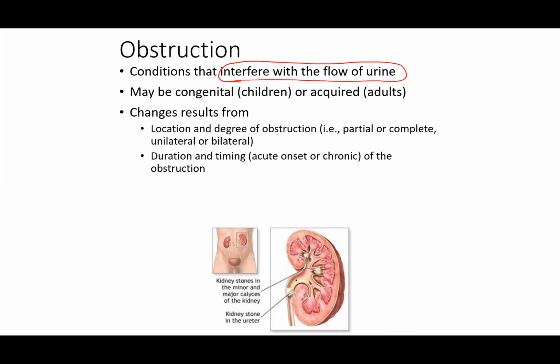And in this picture, you're seeing a kidney stone that's pretty much blocking flow of urine from point A to point B there, from the renal pelvis down the ureter. You can also see stones up here in the calyces, which would inhibit flow in that area.